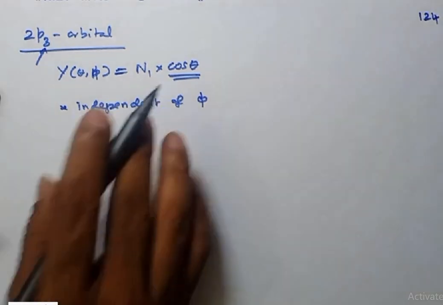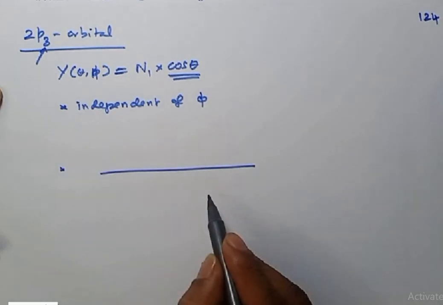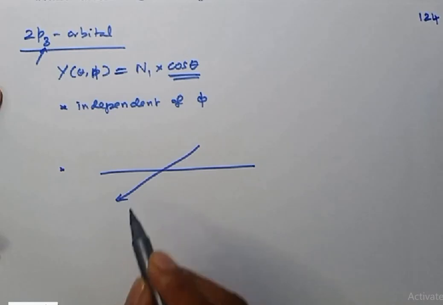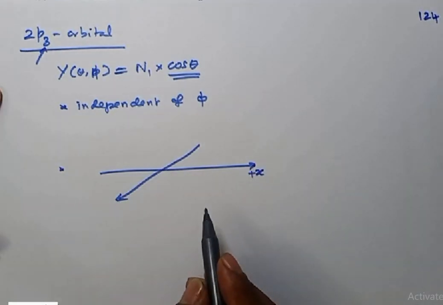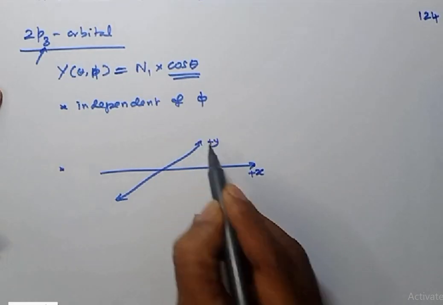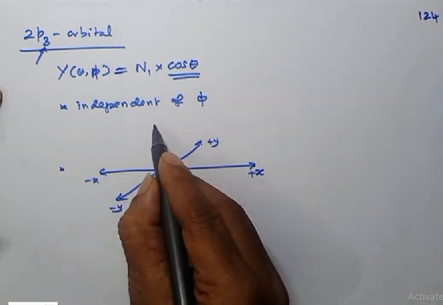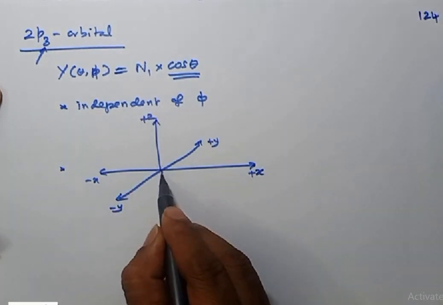What does this indicate? Suppose I take this as the plus x-axis, this is the plus y-axis, this is minus x, and this is minus y. Above we have plus z, and below we have minus z.